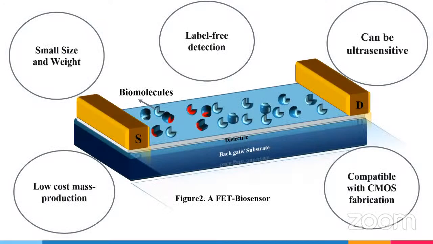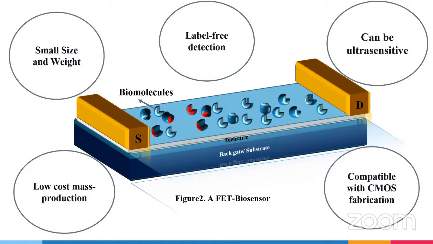Since we are working on an FET-based biosensor, these are some specific qualities of an FET-based biosensor that should be looked for. First, it should be small in size and weight. It should have label-free detection. Label-free detection means the biomolecules that we aim to detect should be unlabeled, like not using a fluorescent dye or a radioactive isotope, because that makes the fabrication and the detection process very complex. So it should be label-free detection.